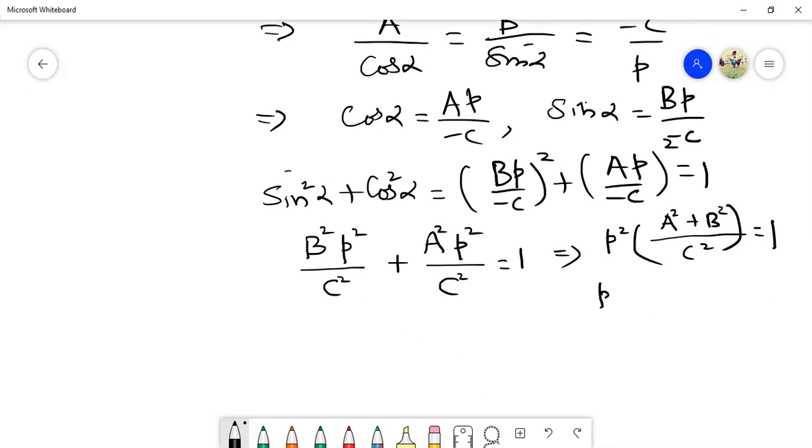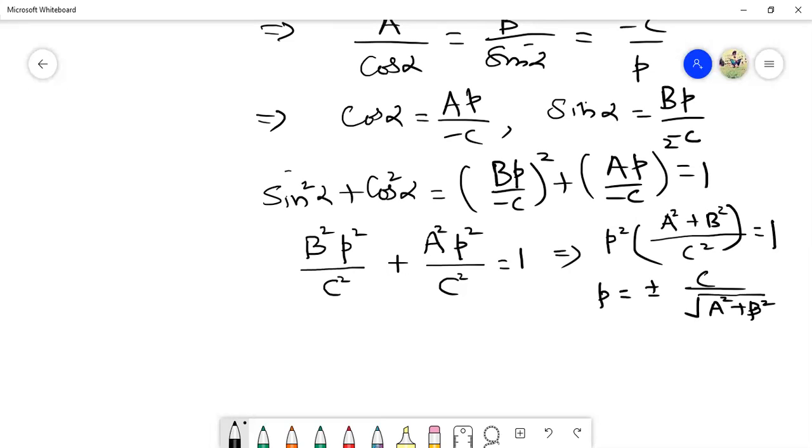From here p = ±c/√(a² + b²). By this way we can find the value of p.